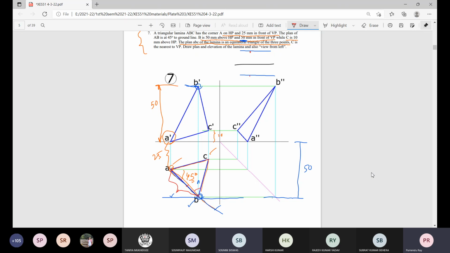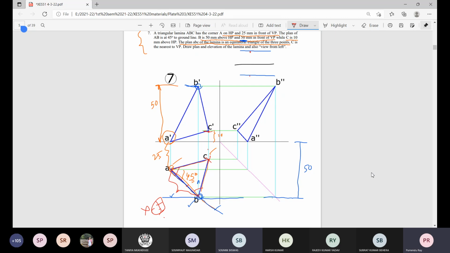Draw a 60-degree line here, or simply making this distance AB as radius, draw two circular arcs, get the point of intersection, it will be C. It could be on this side also, but it is not, because C is the nearest to the vertical plane. So it will not be on this side. Once C is known, we know the level of C in height. So draw this projector, meet this level, that is elevation C.